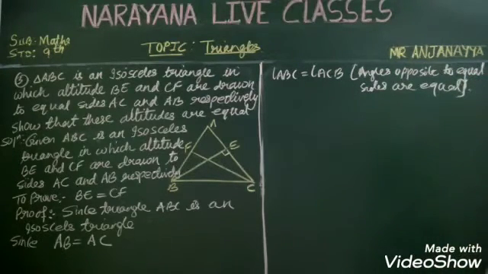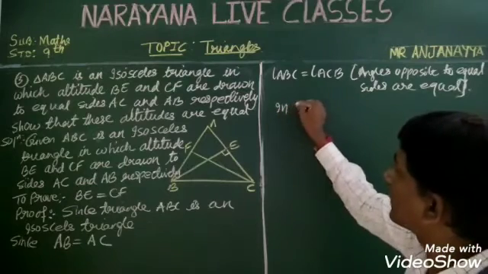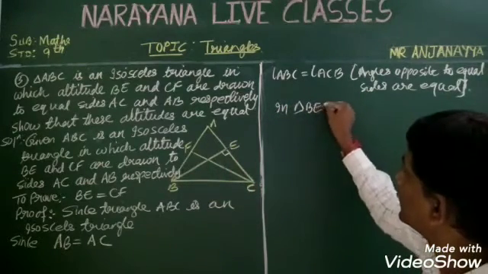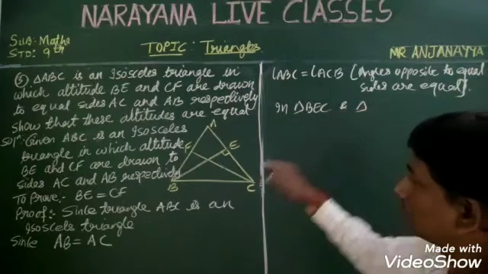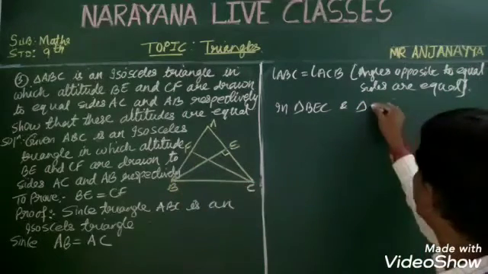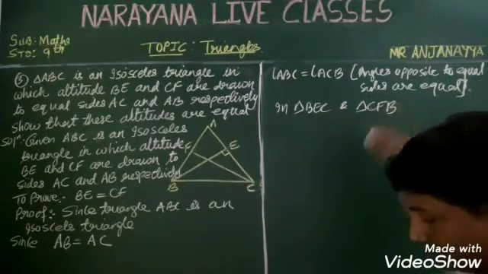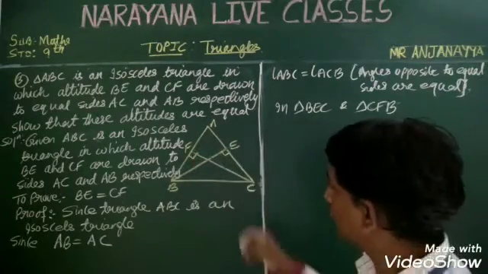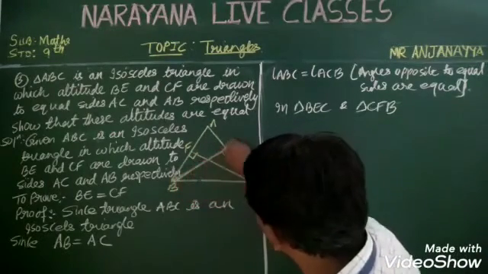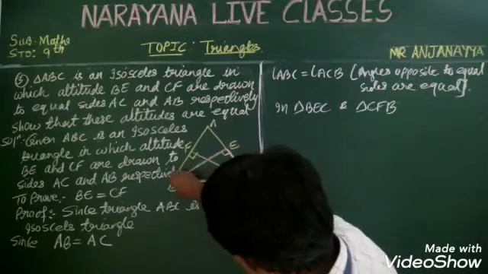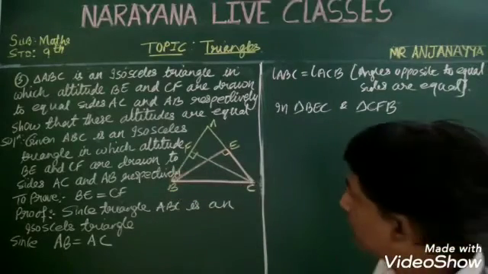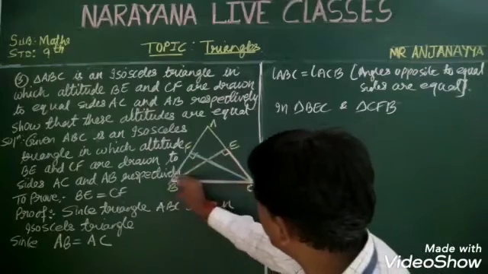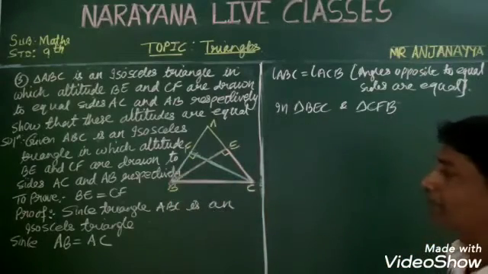Correct. Now I say in triangle BEC and triangle CFB, I take two triangles. One triangle is this triangle, and the other triangle is this triangle, that is BCFB.